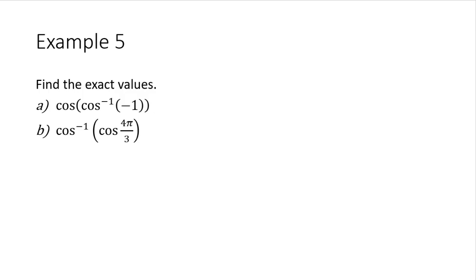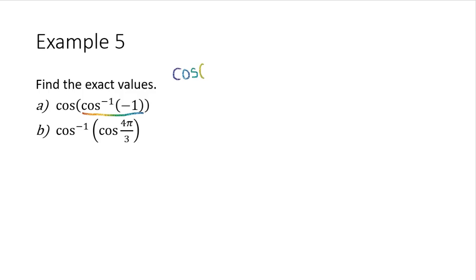Example 5. Find the exact values. These are compositions of our trig functions. Part A, we want the cosine of the inverse cosine of -1. We can use our unit circle on this problem because just this part in the middle here is asking me to find the angle where the cosine is equal to -1.